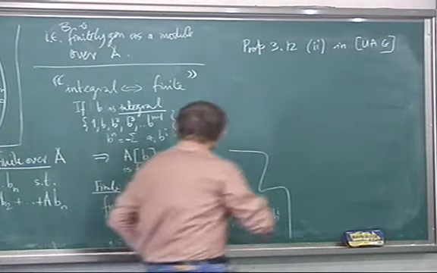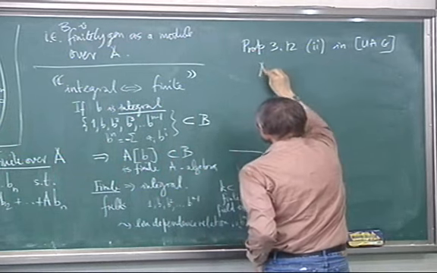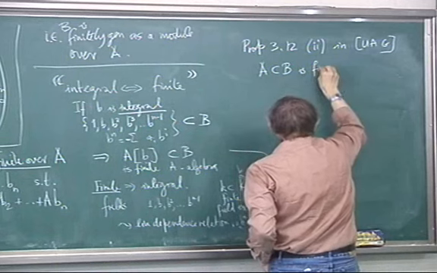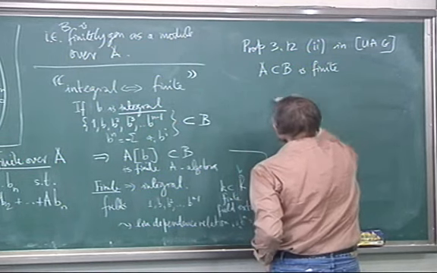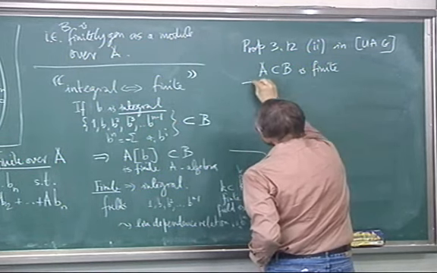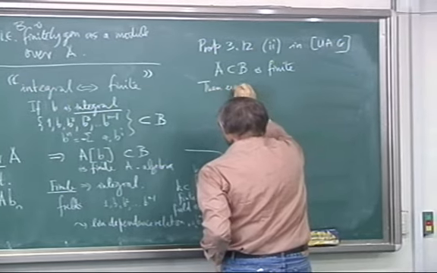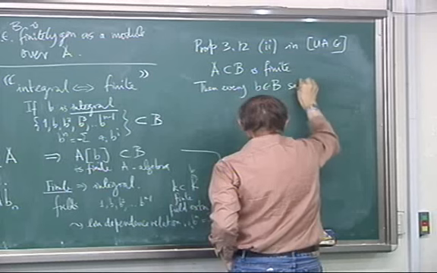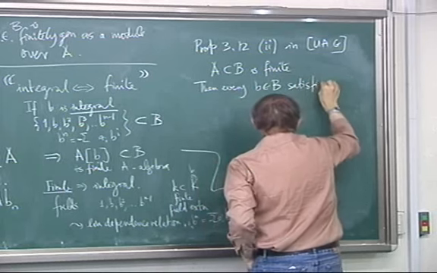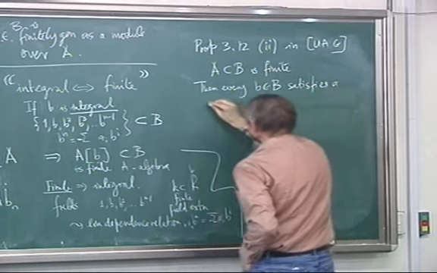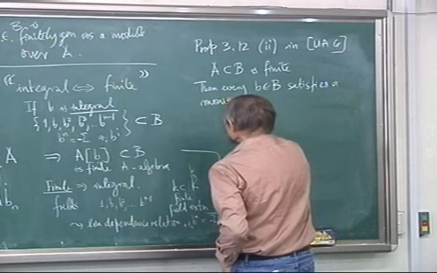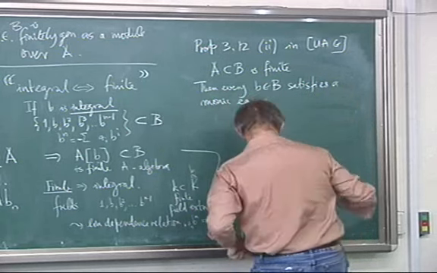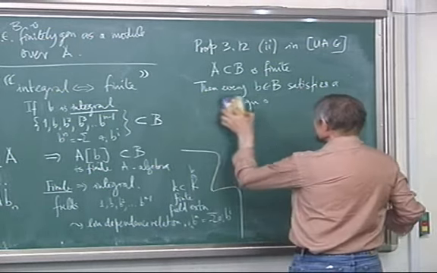Right, so suppose that A in B is finite, then every b in B is integral over A, that is, satisfies a monic equation.